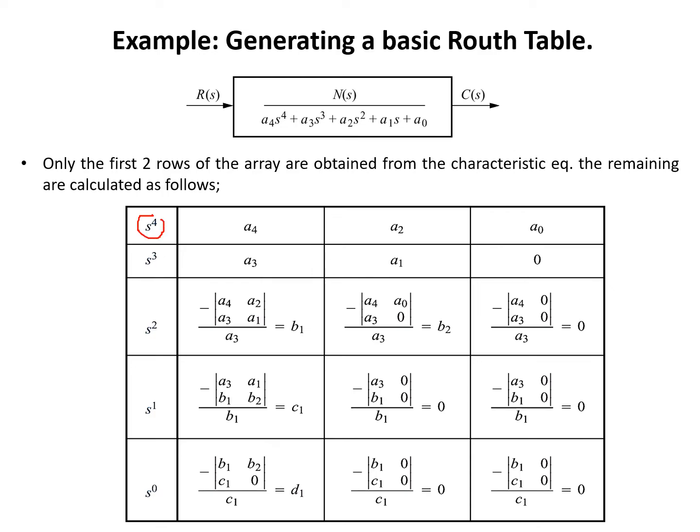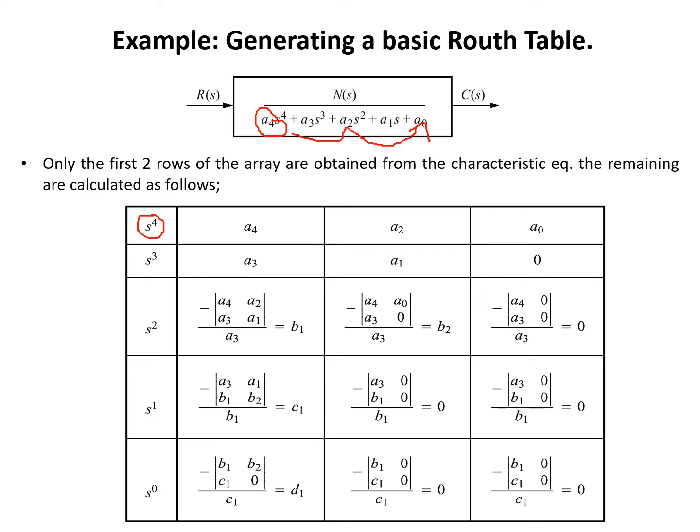So this is my first row of coefficients which I'll be considering. Now take a4, leave a3, alternate values you must take, then take a2 and then a0. So even coefficients are taken here, and it is giving us the first row. In the first row we have a4, a2 and a0.